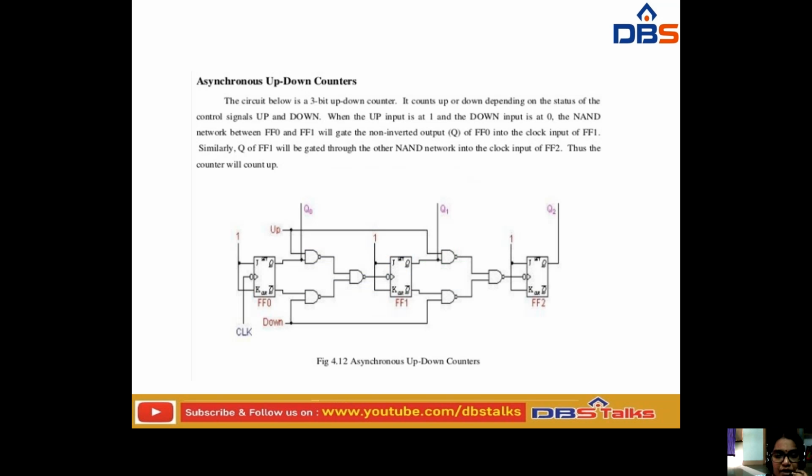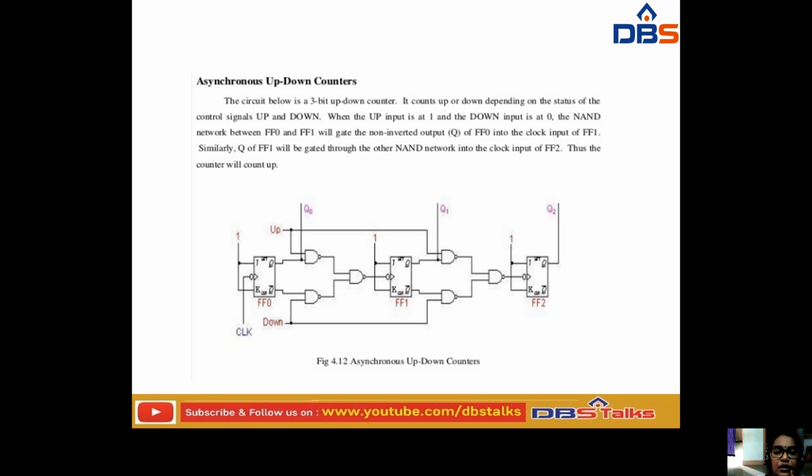If you have seen the synchronous up down counters, the circuit below is a 3-bit up down counter. It counts up and down depending upon the status of the control inputs.